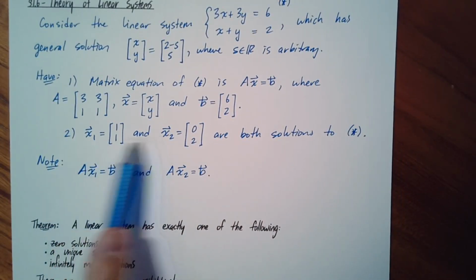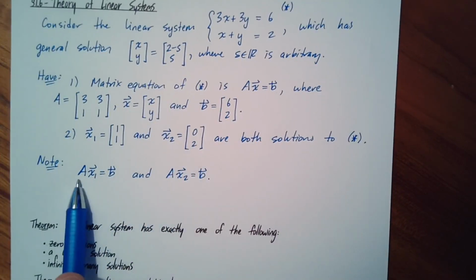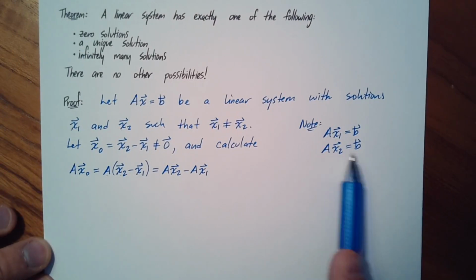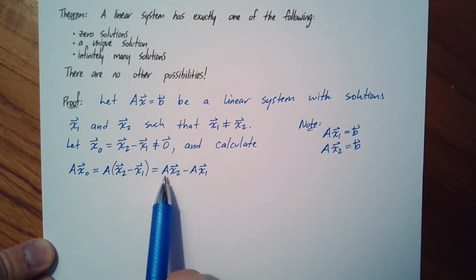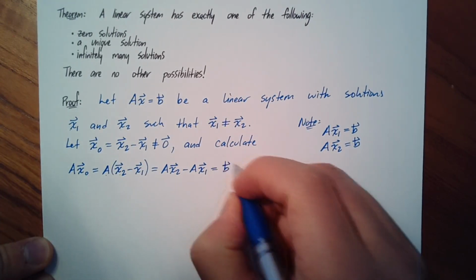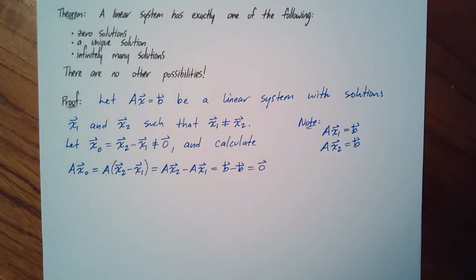We had two solutions to this matrix equation, so it turns out that these equations hold. It's no different down here. The only difference is we just don't know what any of the values are because we're staying general. But the point is, this is equal to B and this is equal to B. So you get B minus B, which is equal to 0.